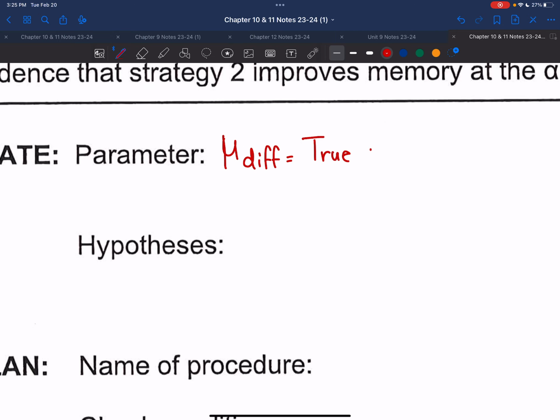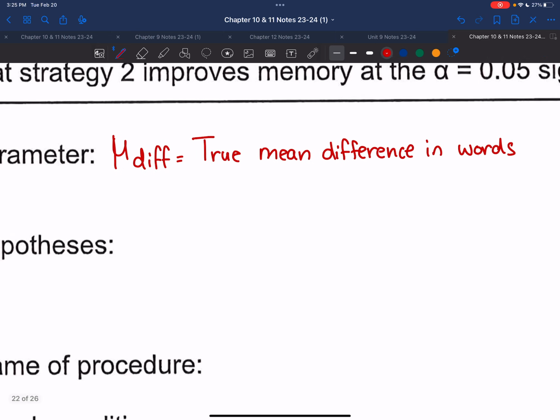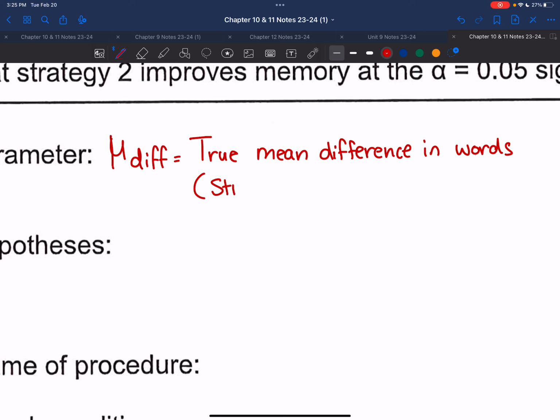In parentheses, I'm going to put strategy 2 minus strategy 1 because that's how they got those values, right?